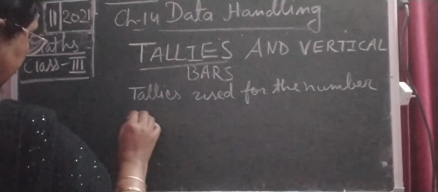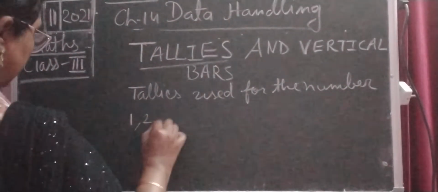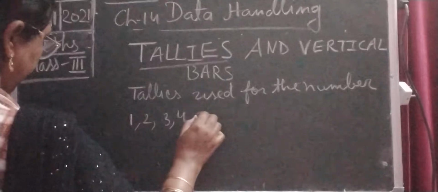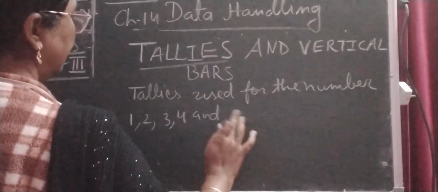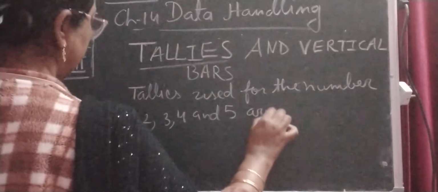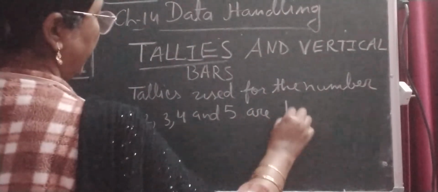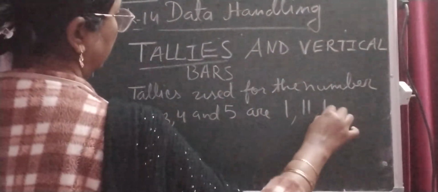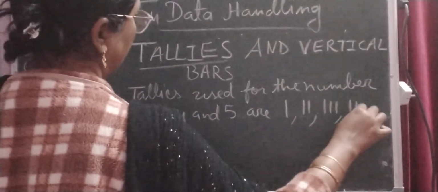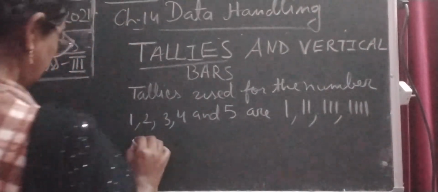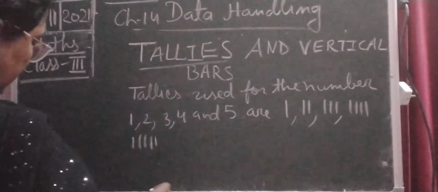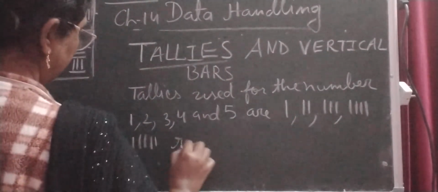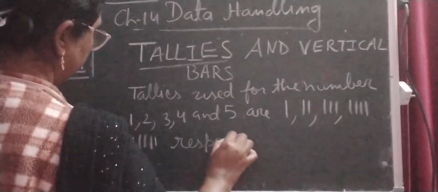Suppose it is written over here 1, 2, 3, 4 and 5, we can write like this: 1, 2, 3, 4 and 5, respectively.